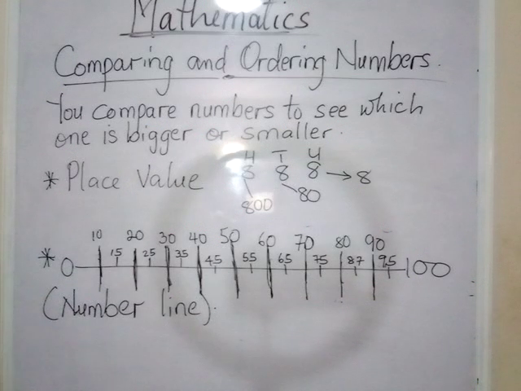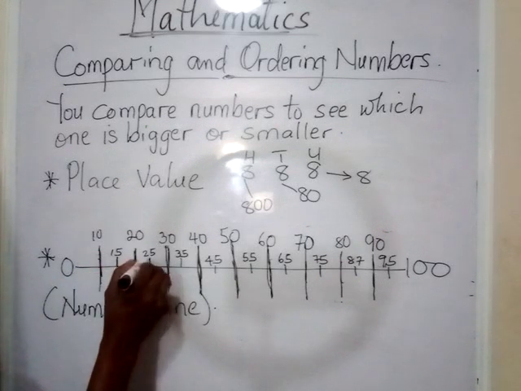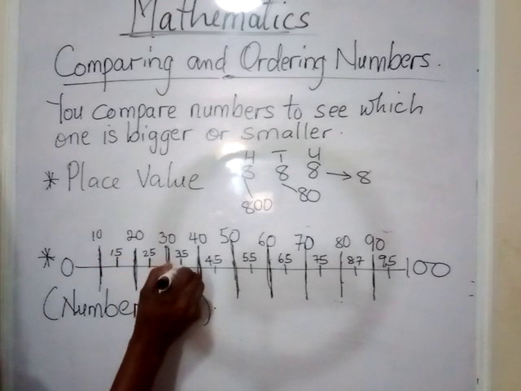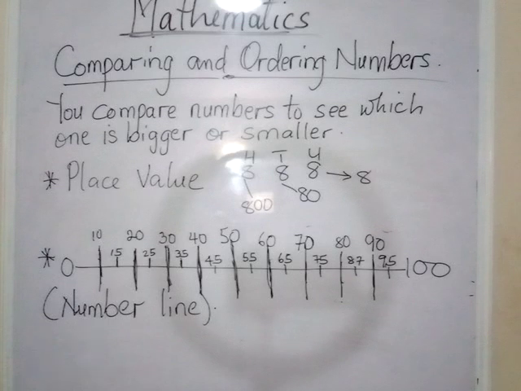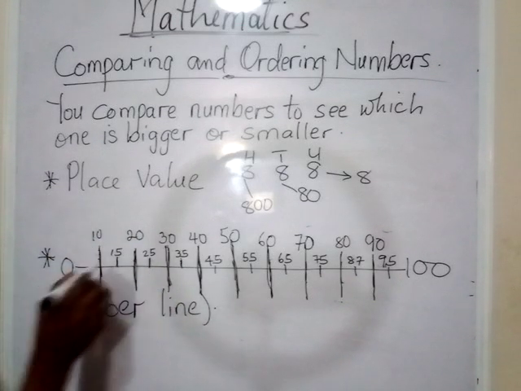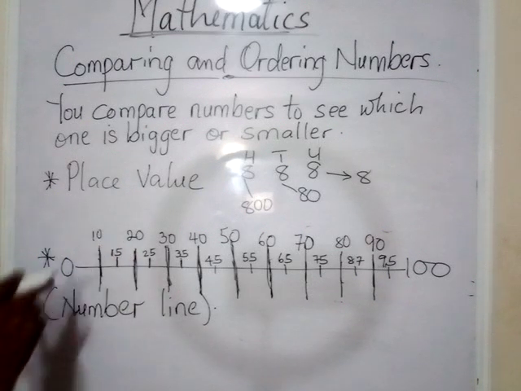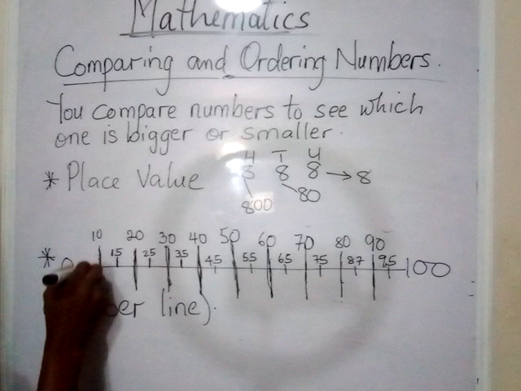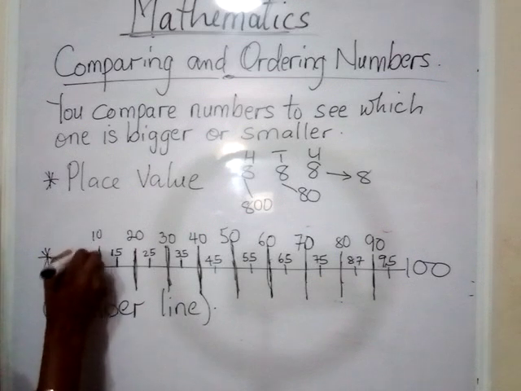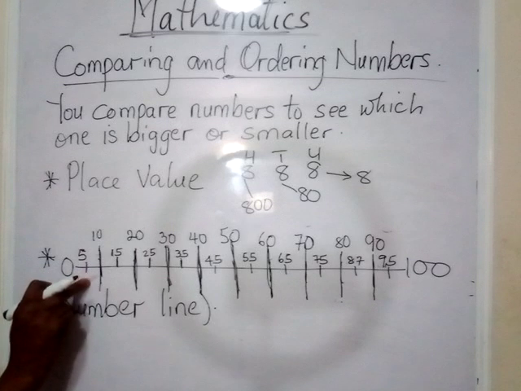Now, if you look closely, you will see that midway between the larger marks we looked at, we have smaller marks. Those smaller marks represent the midpoints. Between 0 and 10, the midpoint is 5.